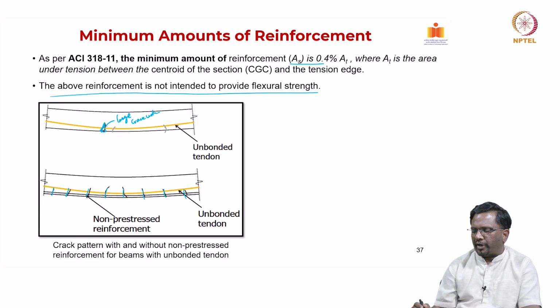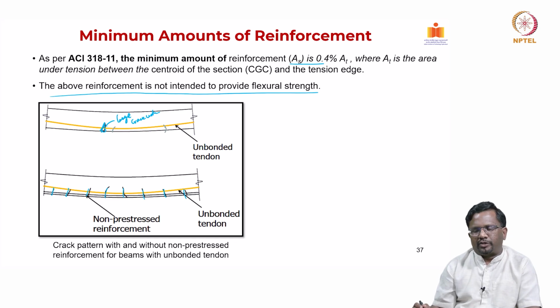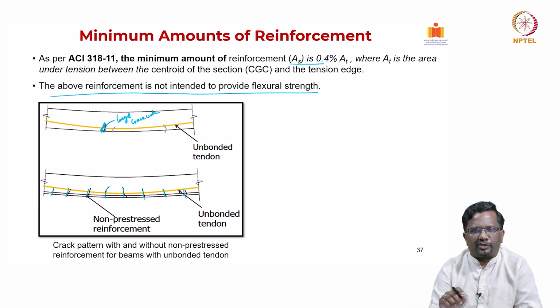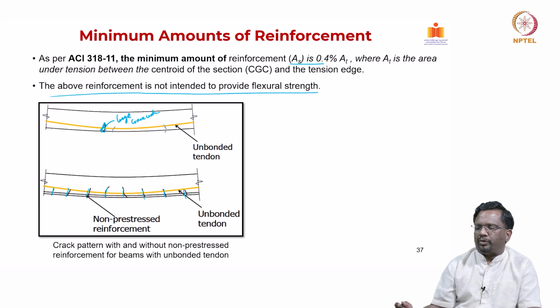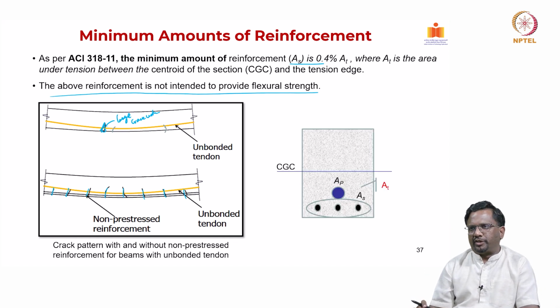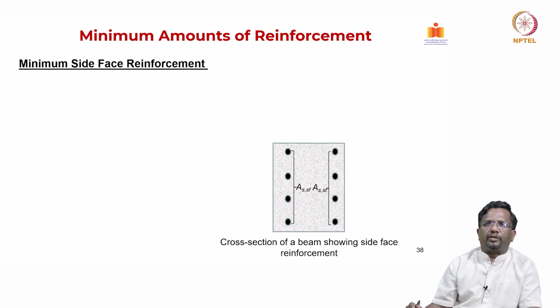So, you get a better crack distribution and better performance, especially when you have an unbonded steel. You should also put some non-pre-stressed steel of some nominal value. That is what the ACI code is saying, which should be 0.4 percentage of your tension area. Okay, so that is what it is, AT. So, AT is nothing but this is the area. Okay, this area is what we are talking about.